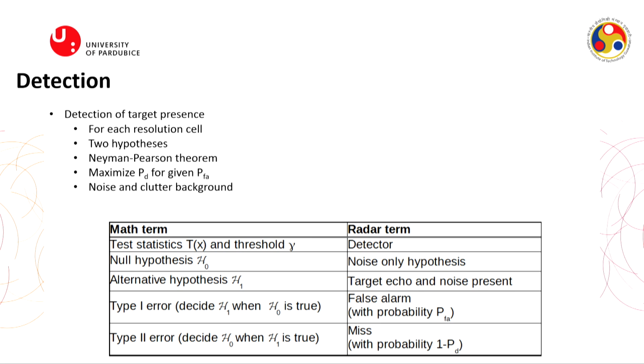But you will have so many false detections, if you get my point, because if the threshold is low, then any noise disturbance, some higher amplitude, tells me there is a target, and it is not true.